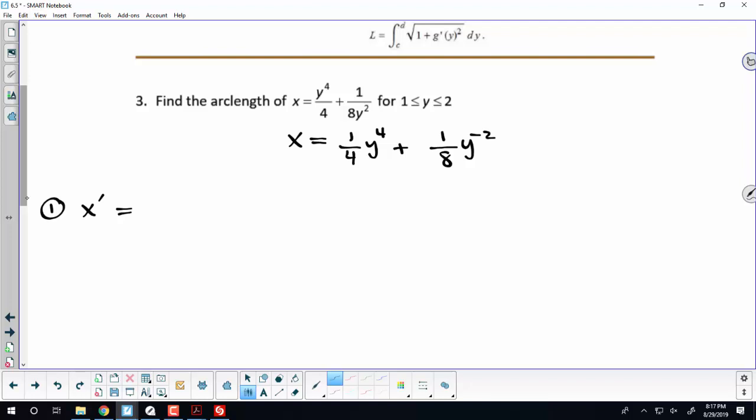Okay. So what's our derivative? Y to the third, first term, minus 1/4 y to the negative 3, right?